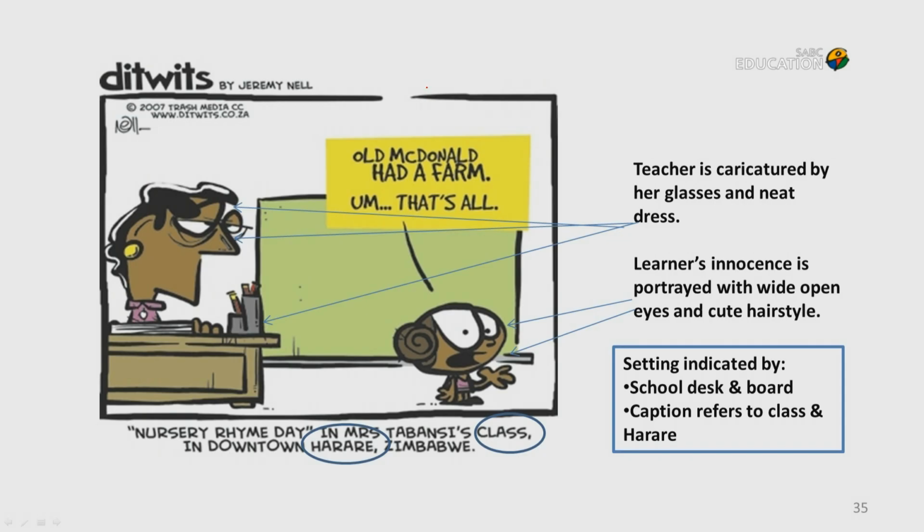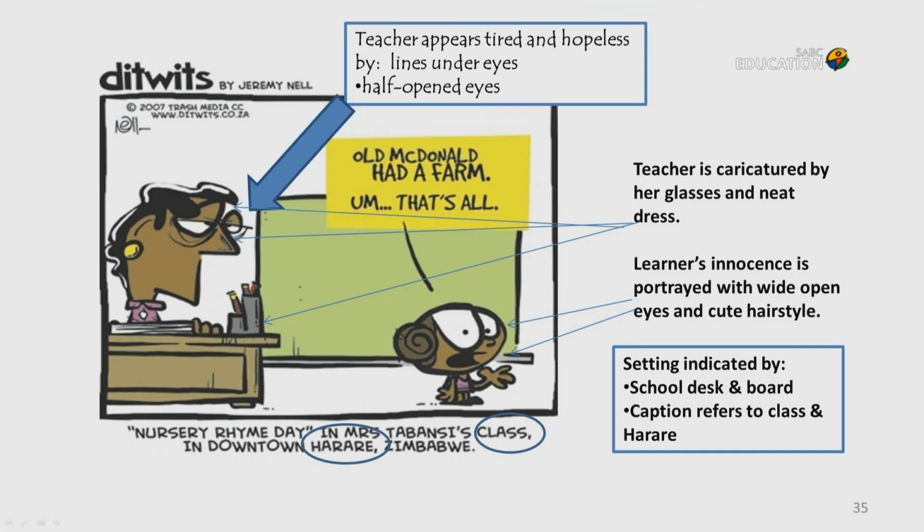We see the dress, and the teacher is caricatured with her glasses and neat dress to suggest she's a teacher. The learner also has innocence, a very beautiful face, wide open eyes, and cute hairstyle. That's how we know she's a learner. And then her eyes are so dreary and tired to suggest that she is not feeling very optimistic. She's feeling hopeless.